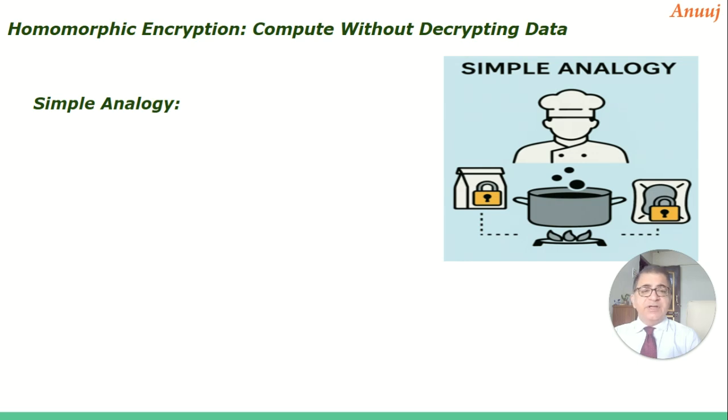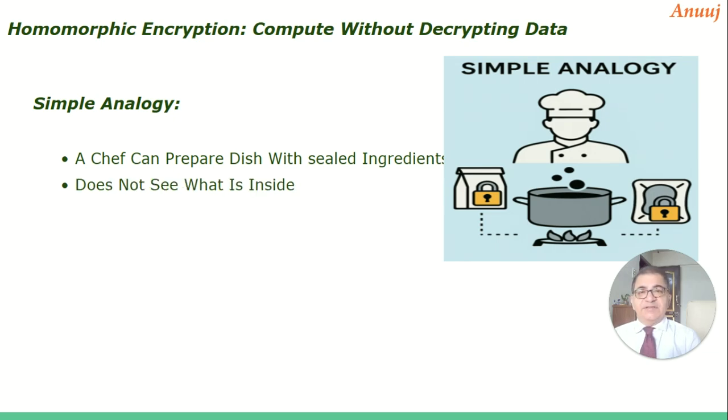As a simple analogy, a chef uses a box of, say, pre-done ingredients. He is not looking into what all is there inside it, but he just picks up maybe a tablespoon, a teaspoon, whatever he wants to, and he uses it in making the meal, and the meal comes out to be perfect.